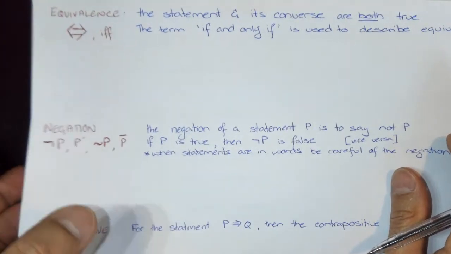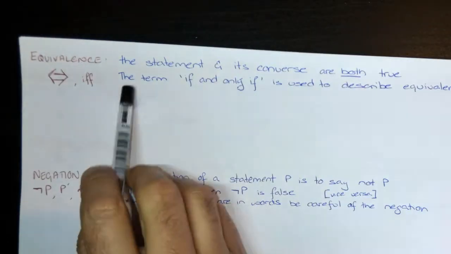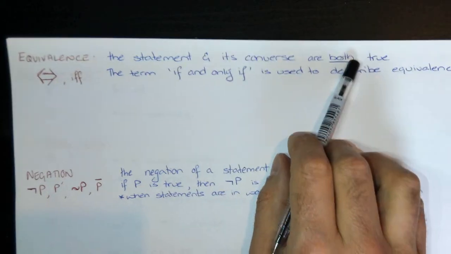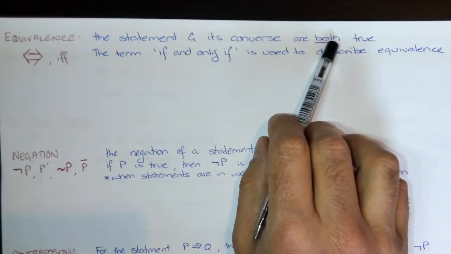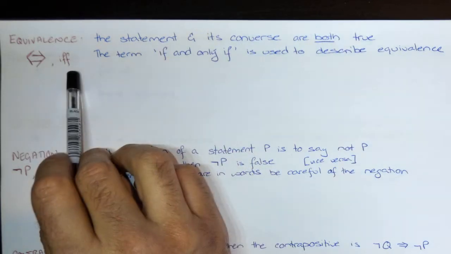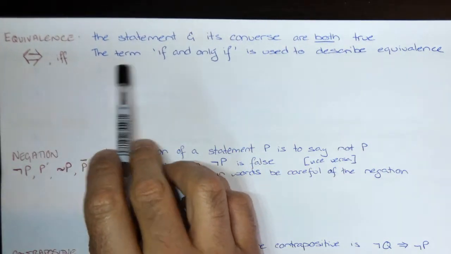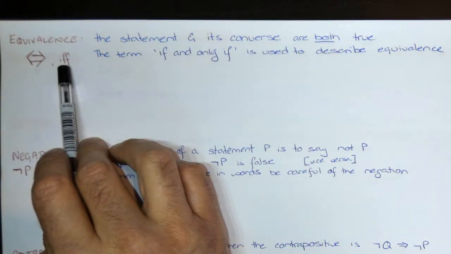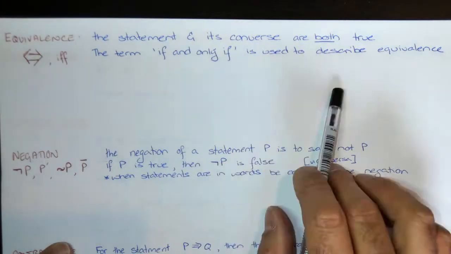Our next statement, equivalence. If the statement and its converse are both true, then we take them to be equivalent. The term "if and only if," shortened to IFF, is used to describe equivalence.